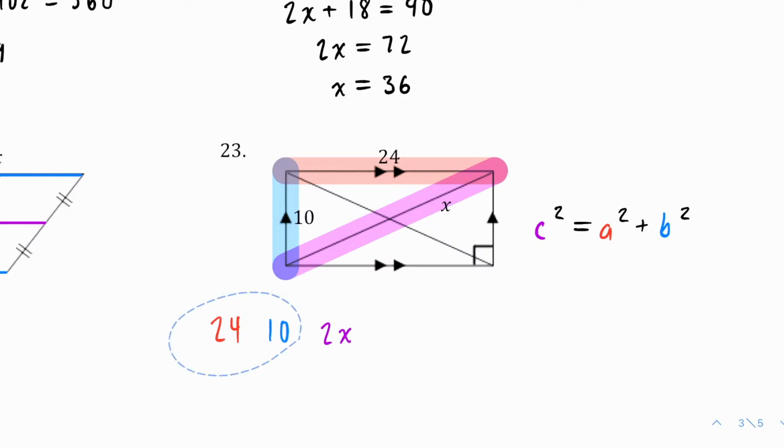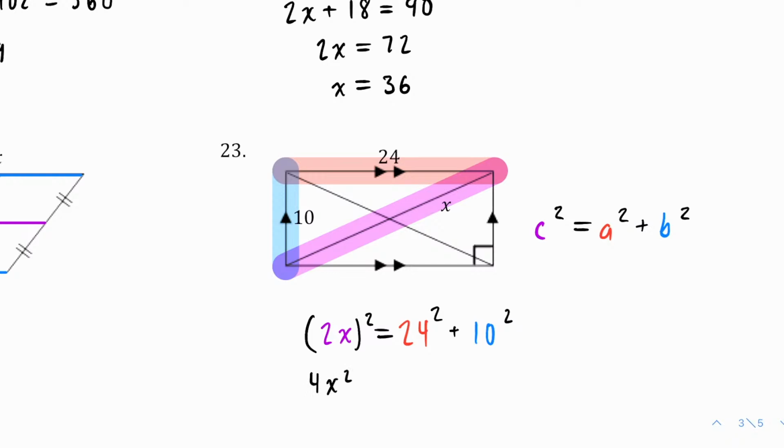So 2x all squared equals 24 squared plus 10 squared. Two x all squared is 4x squared. 24 squared is 576. 10 squared is 100.